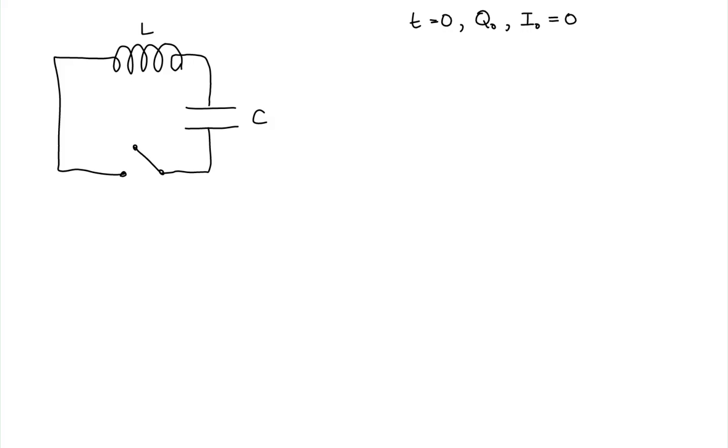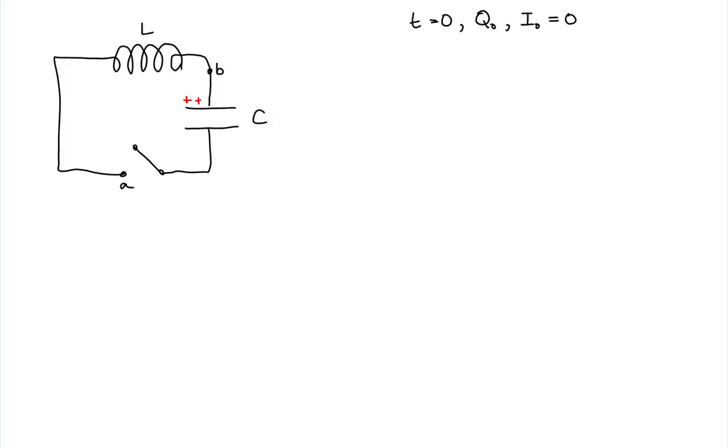Let's label a couple of points in our circuit in between the capacitor and the inductor. We will label this point A and this point B. Now, since the capacitor is initially fully charged, let's indicate the polarization of the charges on the capacitor's plates.